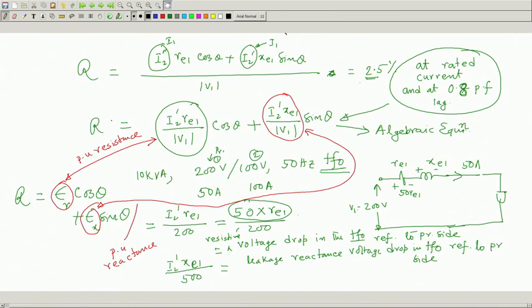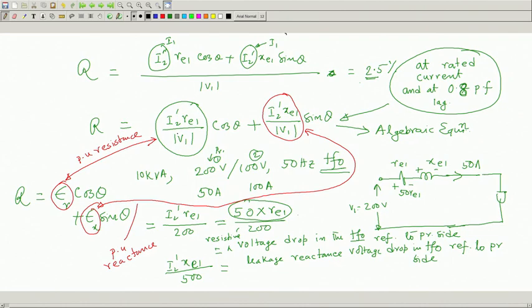Ultimately, we derived it, and it could be expressed in terms of either primary or secondary. With respect to the primary side, regulation turns out to be I2' RE1 by rated voltage V1 cos theta plus I2' XE1 by V1. These are magnitudes. This is an algebraic equation, and cos theta is the power factor of the load.